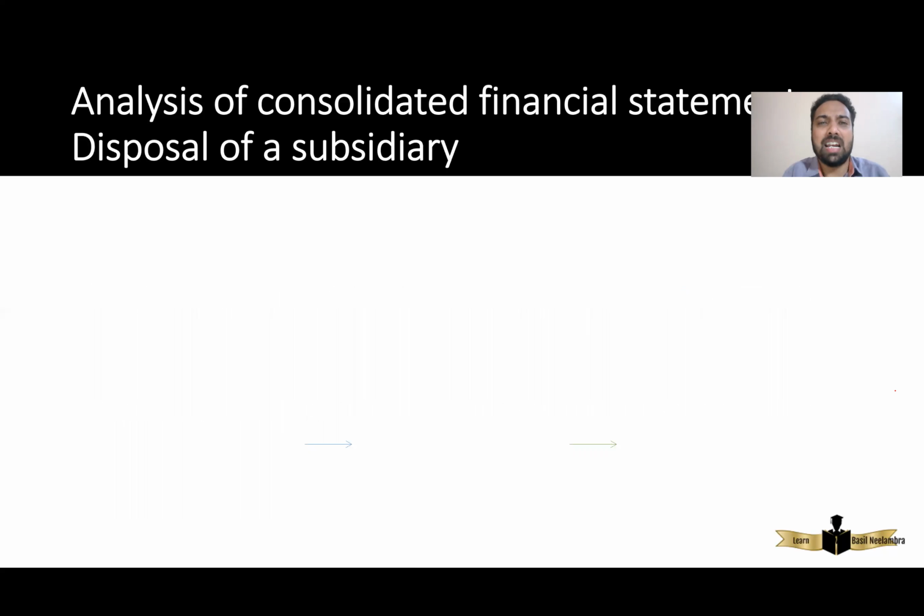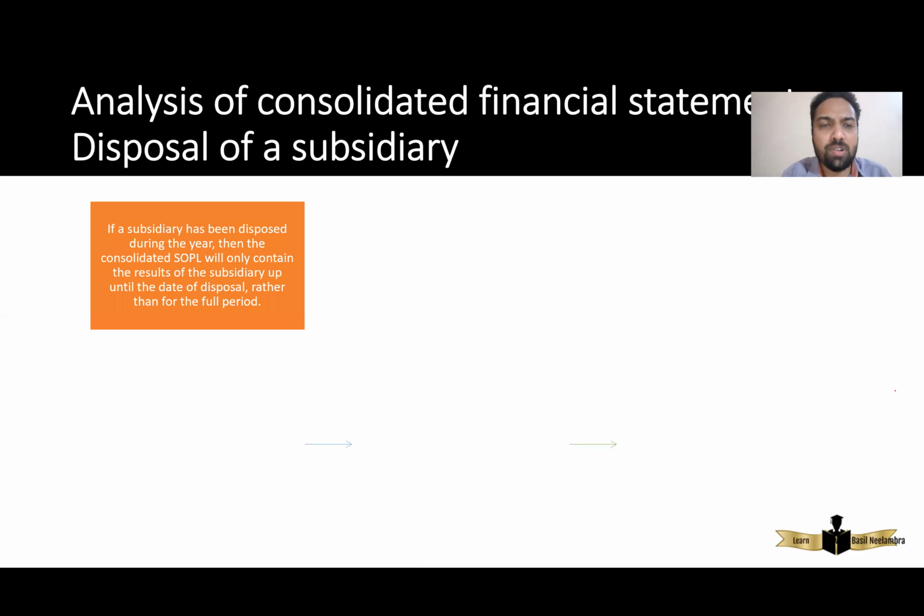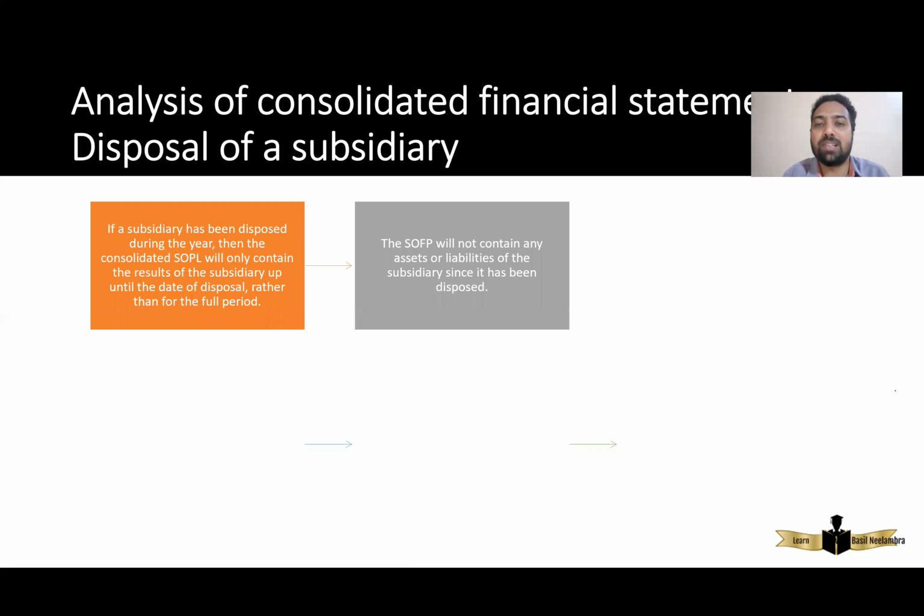And finally, the last part of this discussion: if there's a disposal of a subsidiary, what you have to do. If there's a disposal of a subsidiary, then the current year financial statement will contain only the parent company or a proportionate part of the subsidiary, whereas the previous year will be the full parent plus subsidiary.